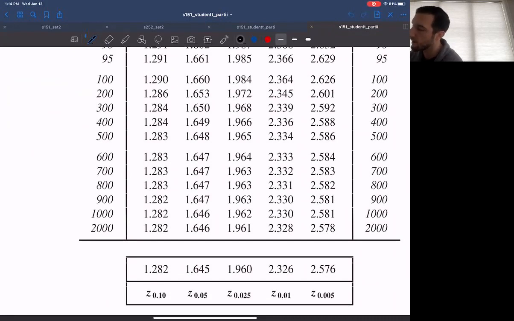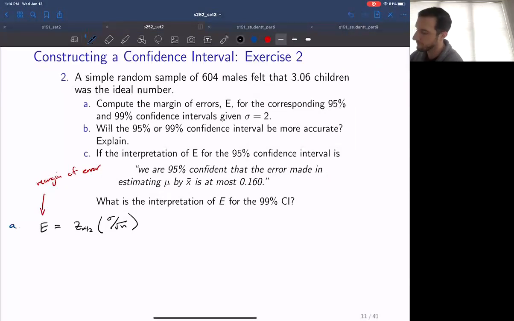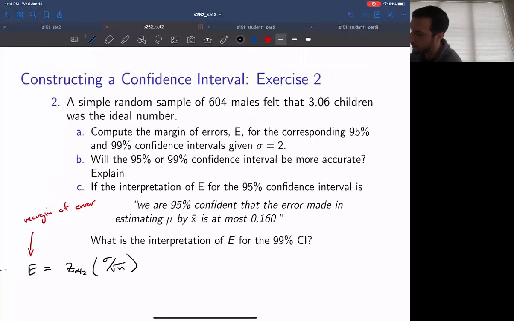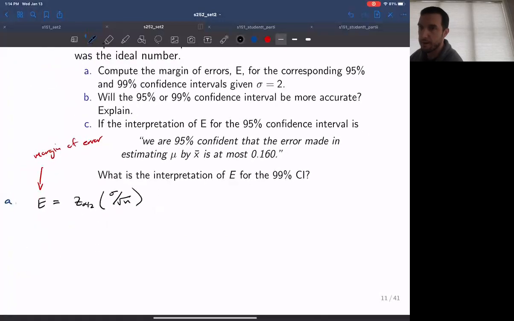Now, in the context of the question we are working on, we are going to consider the 95% and the 99% margin of error. So for 95%, alpha is 1 minus 0.95, which is 0.05.